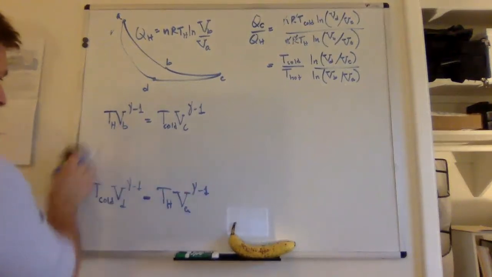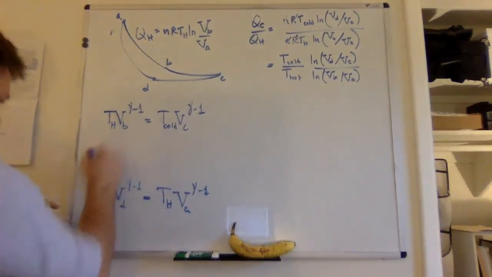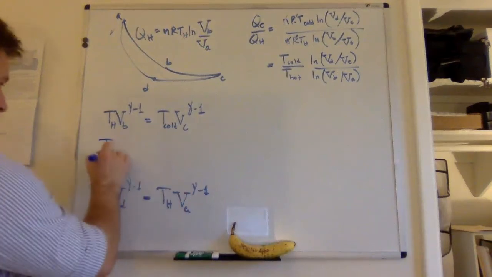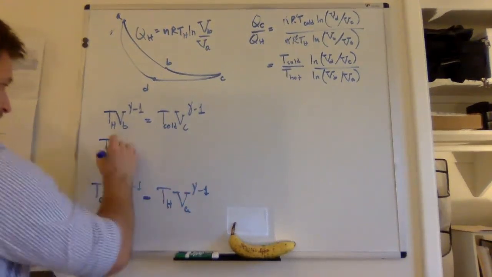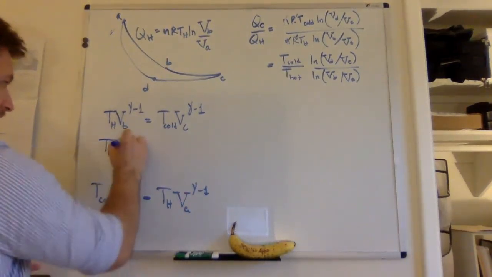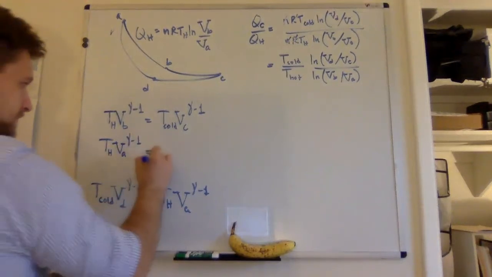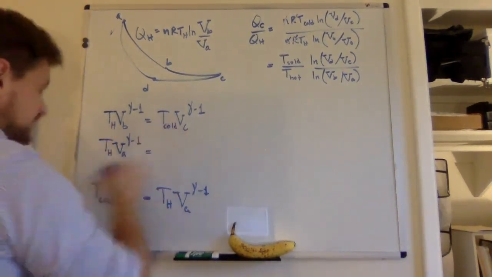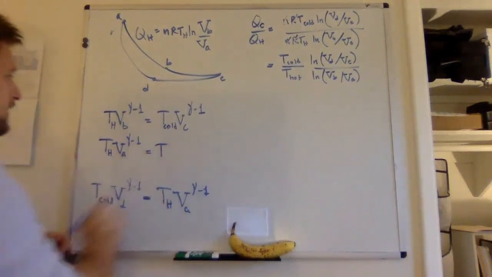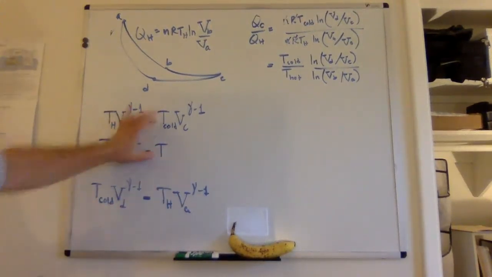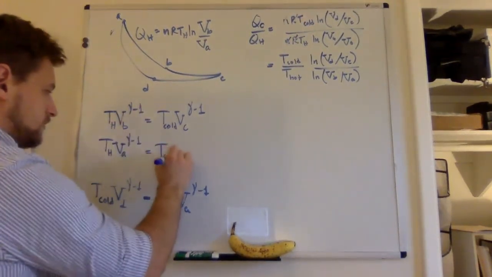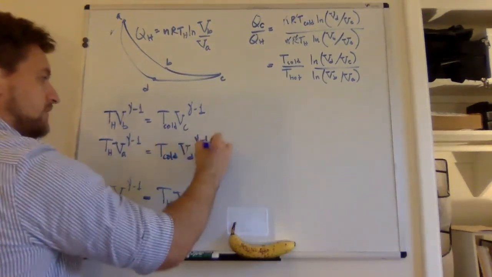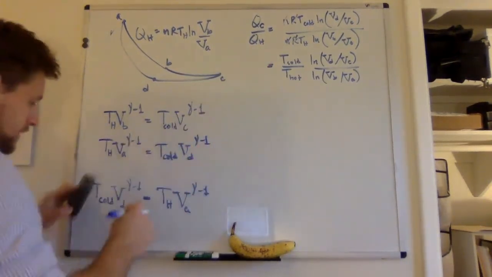I'm going to erase that. And I'm just going to copy this one up here, but I'm going to reverse the order in which I write them. So it's TH VA to the gamma minus 1, because we're talking about B to A. And then this one is T cold. Oh, neat. TH, T cold. That's fun. T cold VD to the gamma minus 1. And that's, all right.